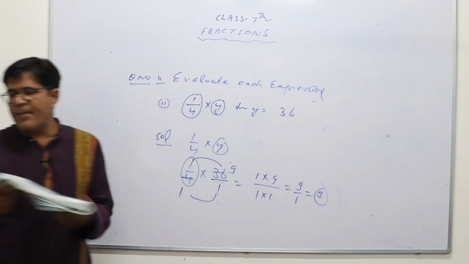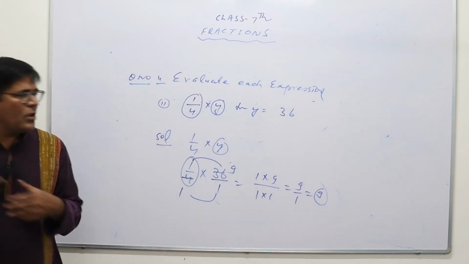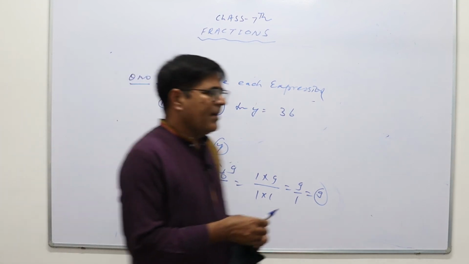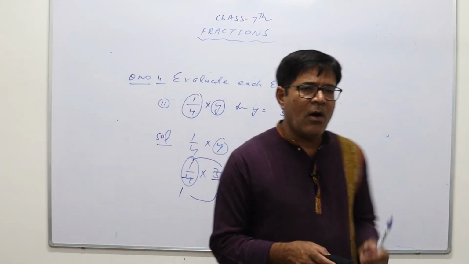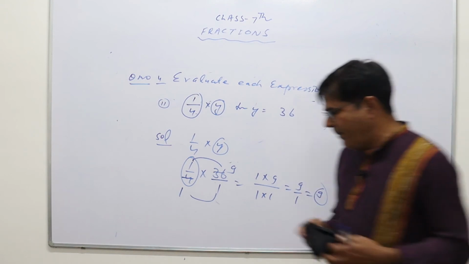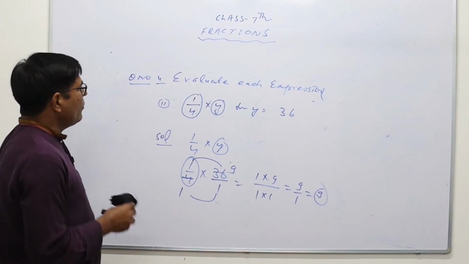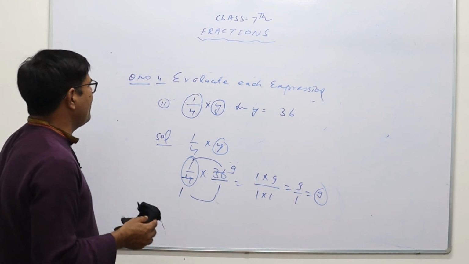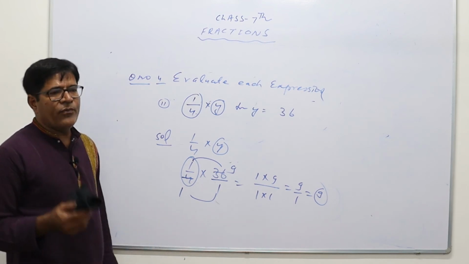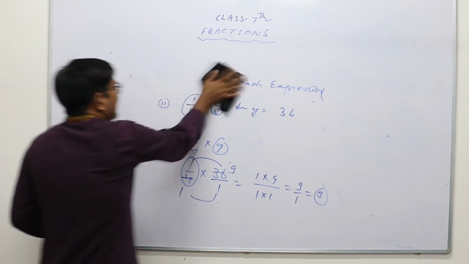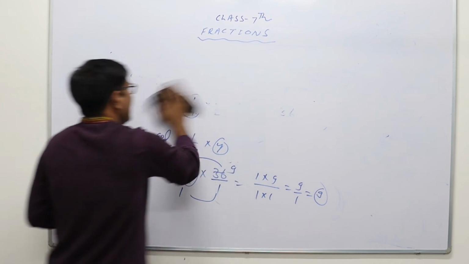So this was about the multiplication of a whole number with a fraction, or a fraction with a whole number, for given unknown values. If we are given any expression, then by putting the values of the unknowns we can find the value of the expression.